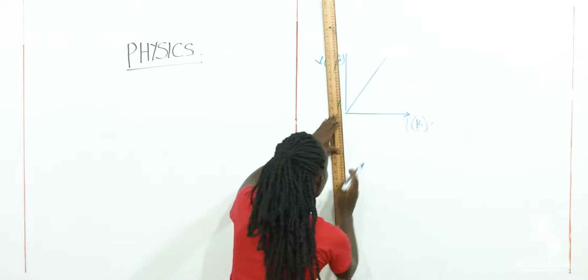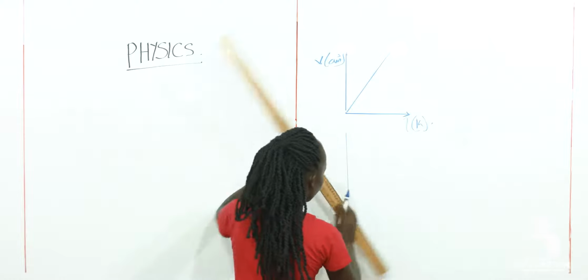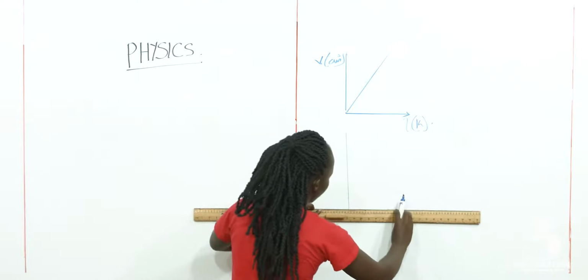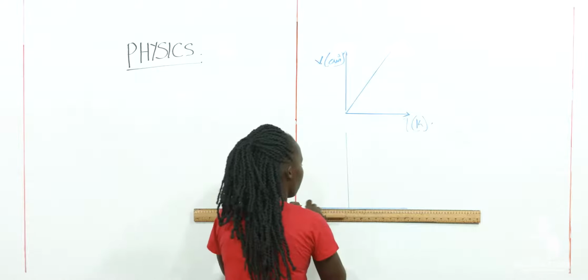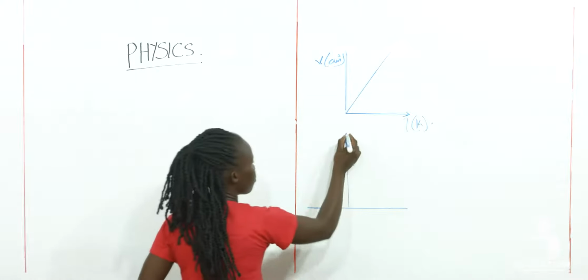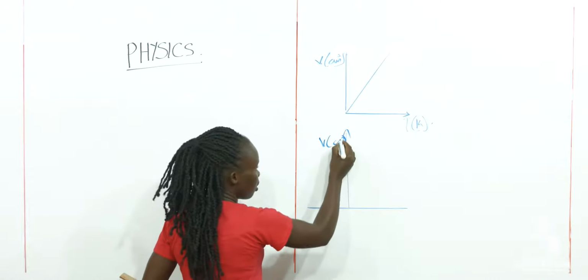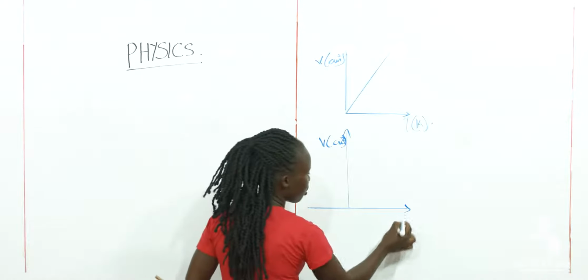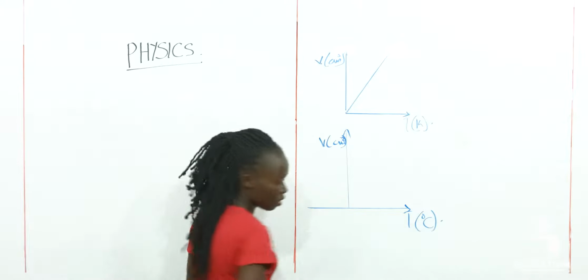We had this kind of graph. This is our volume measured in centimeters cubed, and the temperature measured in degrees Celsius.